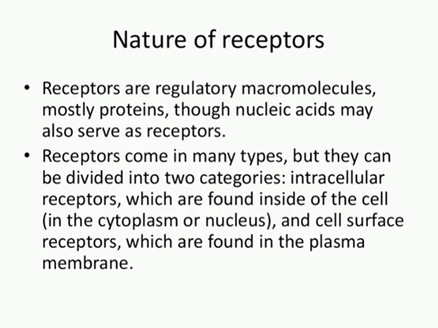Receptors come in many types, and in detail we will be studying the types of receptor in our coming lectures, but they can be broadly classified into two types, one being your intracellular receptor and the second being your cell surface receptor. Intracellular receptor, as the name suggests, is found inside the cell, and the cell surface receptor is found in the plasma membrane.